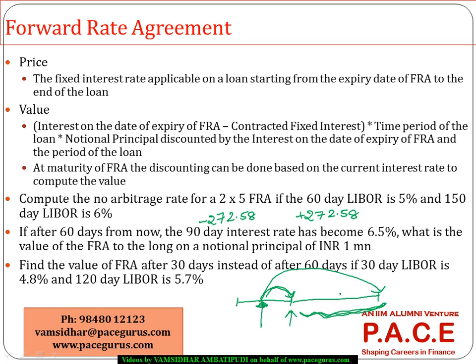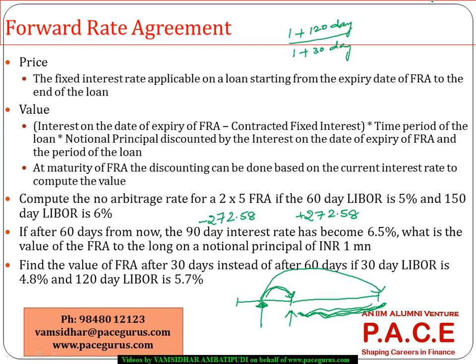So take that as the actual market value. In this case, this can be obtained as 1 plus 120-day rate divided by 1 plus 30-day rate.